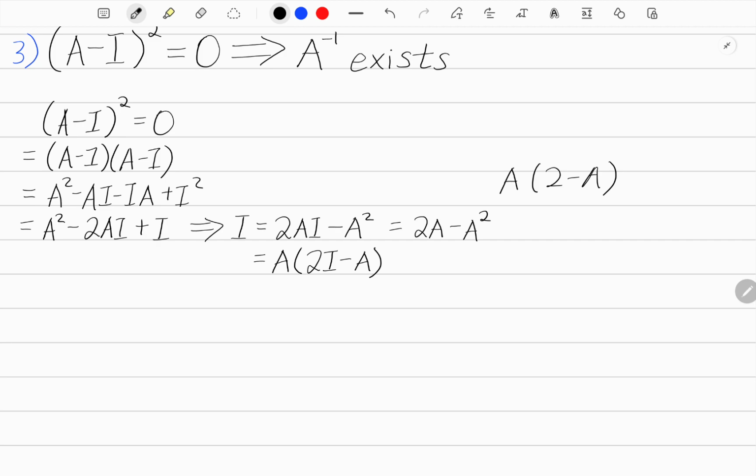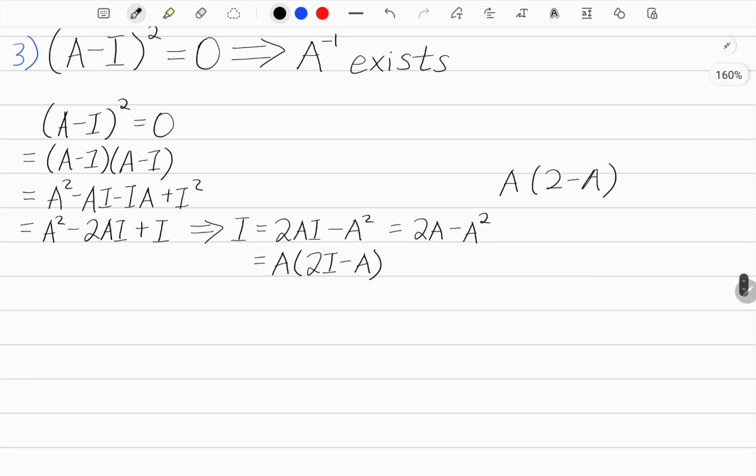However, we should know that A is a matrix. It's not a number. Even if it's a column vector, this wouldn't work either, because this 2 is a real number, 2 belongs in R1.